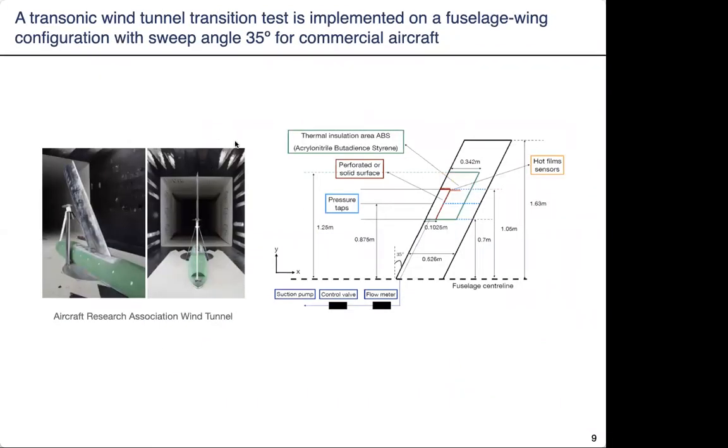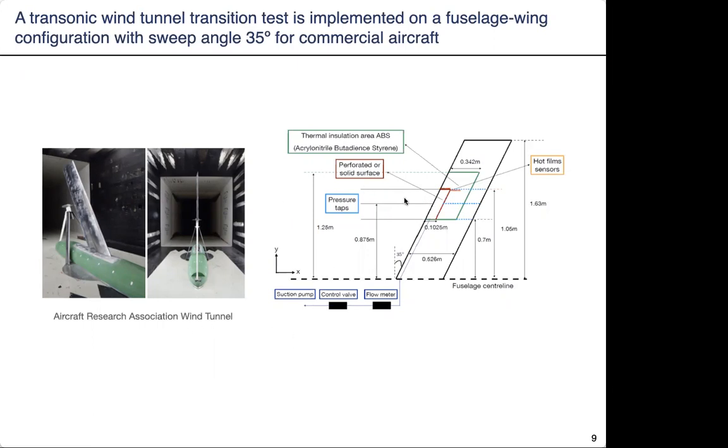Then I focus on the wind tunnel test for the transonic speed. For this configuration, it has a large sweep angle of 35 degrees, and this test is implemented in the Aircraft Research Association wind tunnel, and it is low turbulent intensity.